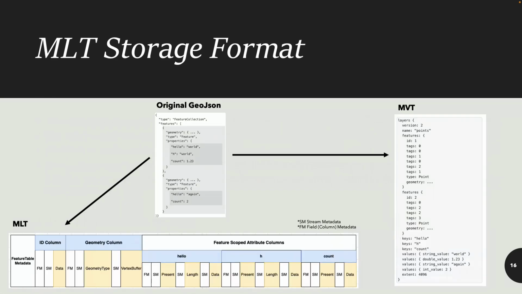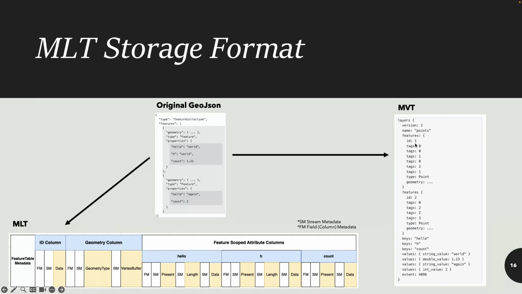And if we now compare these two approaches, so that you get a basic picture of the approach which we are using compared to MVT. If we look at this GeoJSON document at the top, and you look at the right side where you have a representation of the MVT layout, then you have a collection of layers in MVT and then a collection of features.